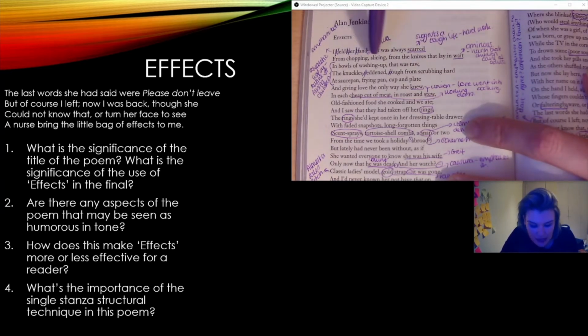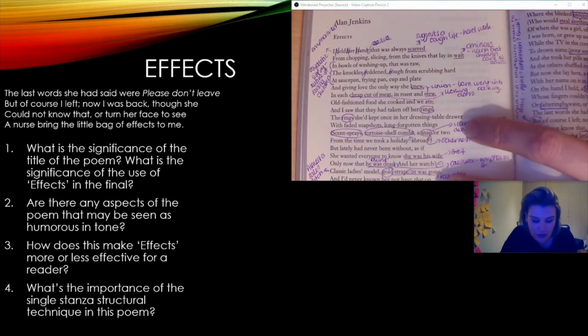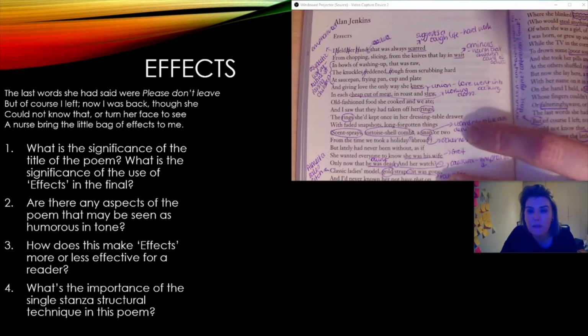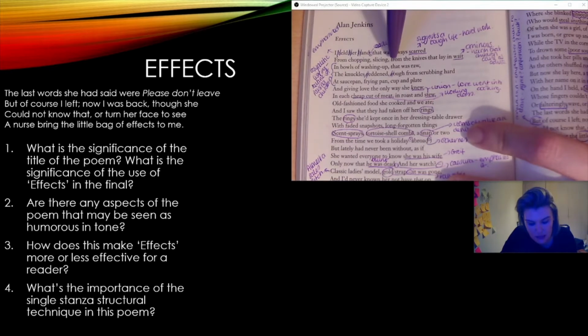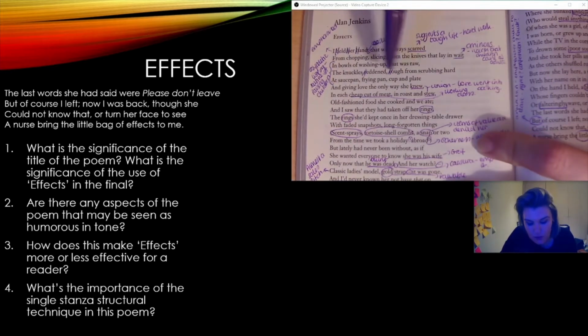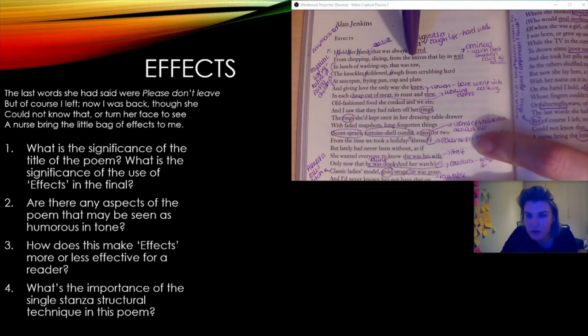So we have these actions, these verbs, so again showing maybe that the mother was always on the go, she was always doing things, a very stereotypical almost role within the house, that she was the one that was always doing things, and in the kitchen there in particular, creating food, making food, looking after her children in that way.